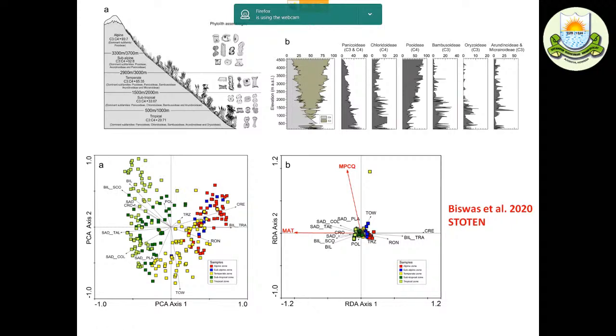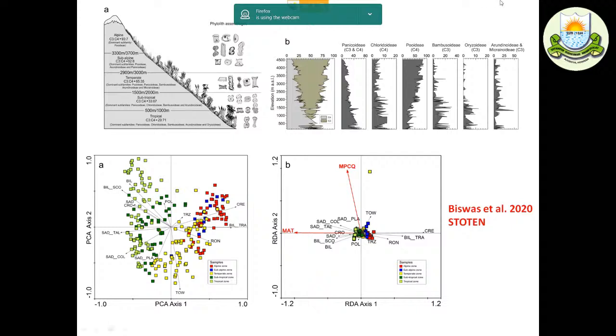In this case, we have included 247 surface soils collected from these four Himalayan sectors, and on the basis of this finding, we noticed that the Panicoideae and Chloridoideae, that means the C4 grasses, are declining upwards. That means with rising elevation they are declining, and in contrast, Pooideae members are increasing with rising elevation.